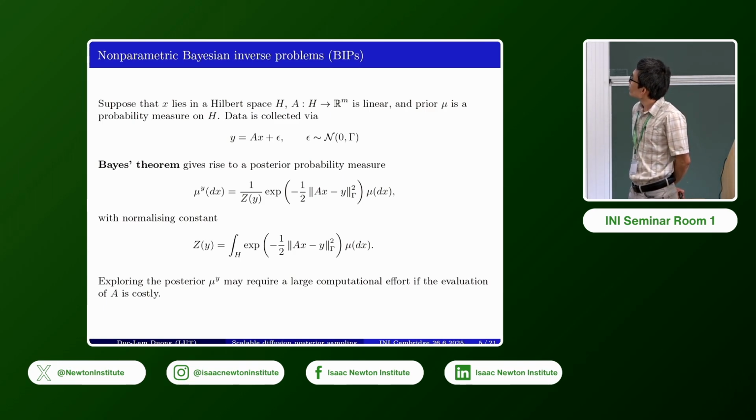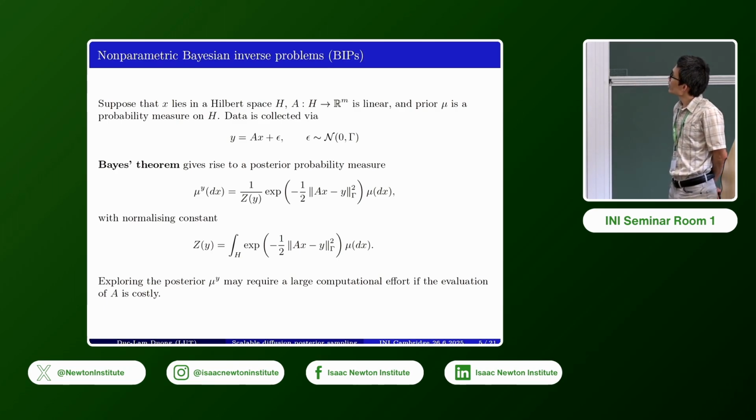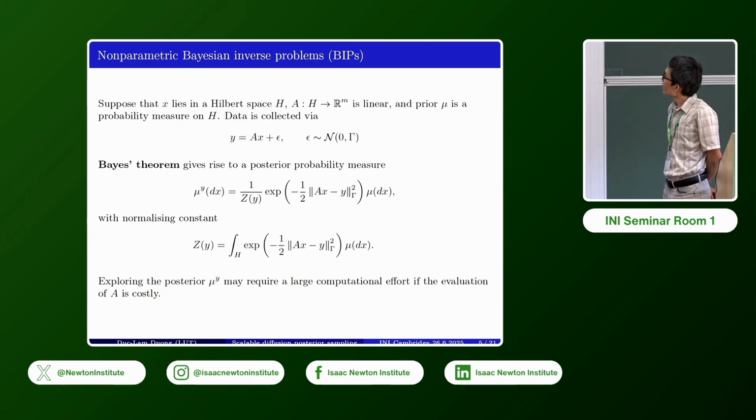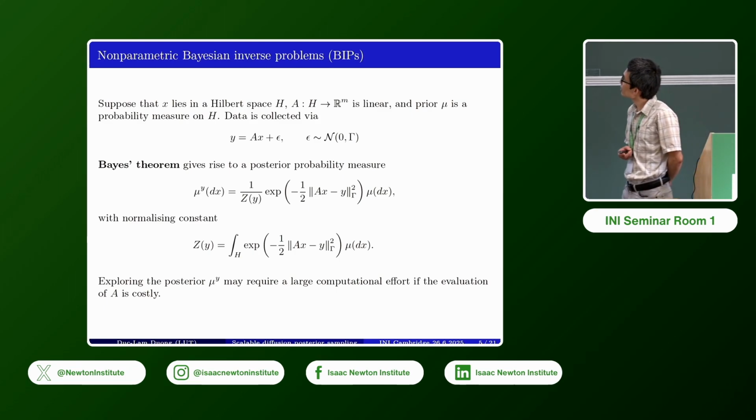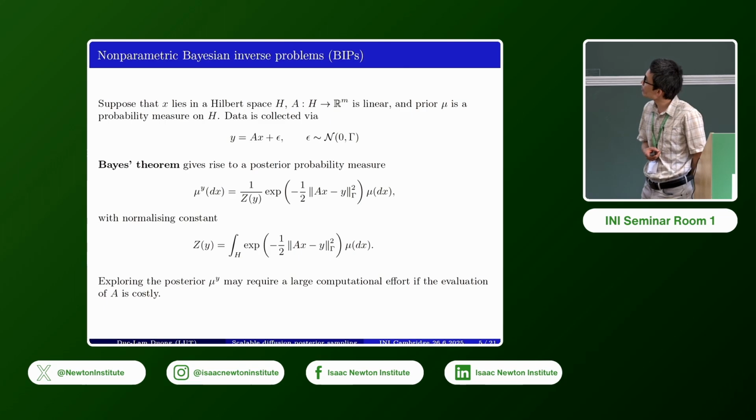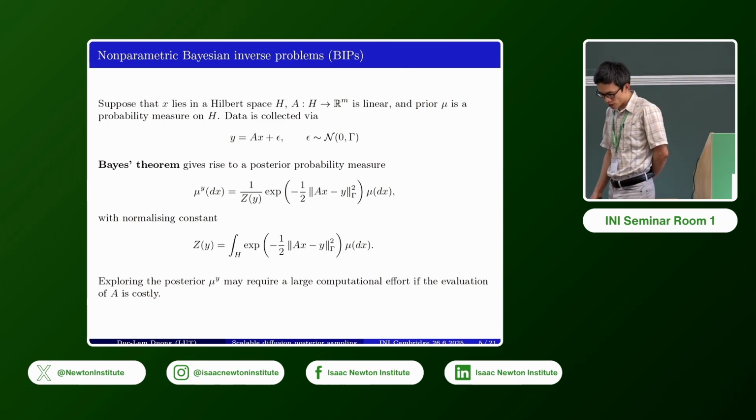Right, so the Bayesian approach to inverse problems is now a standard in this field. We will consider that the unknown lies in a Hilbert space, and then the Bayes theorem will give rise to some posterior measure, also living in the Hilbert space, given some appropriate prior mu.